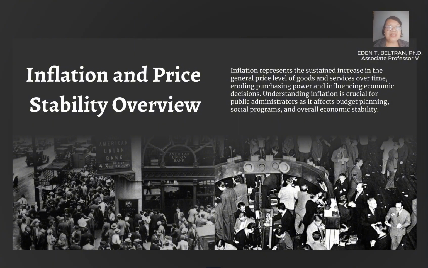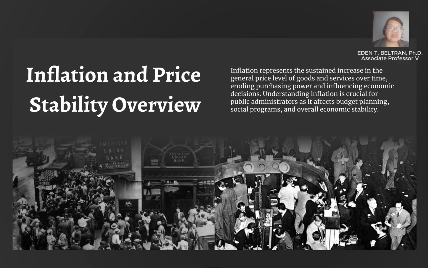In the Philippines, inflation is measured using the Consumer Price Index by the Philippine Statistics Office. So why is it important for public administrators to know this? Because inflation affects, one, the purchasing power of the salaries of the people.